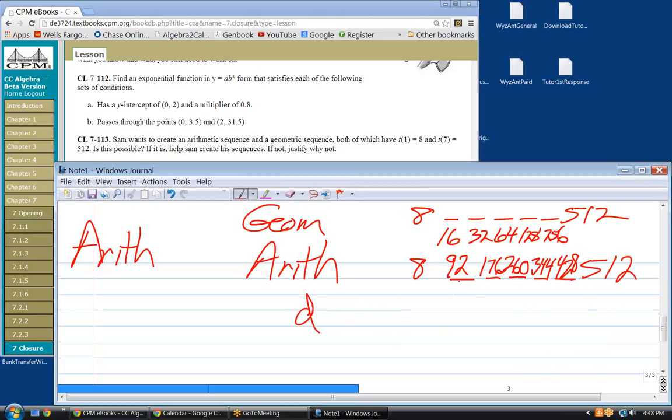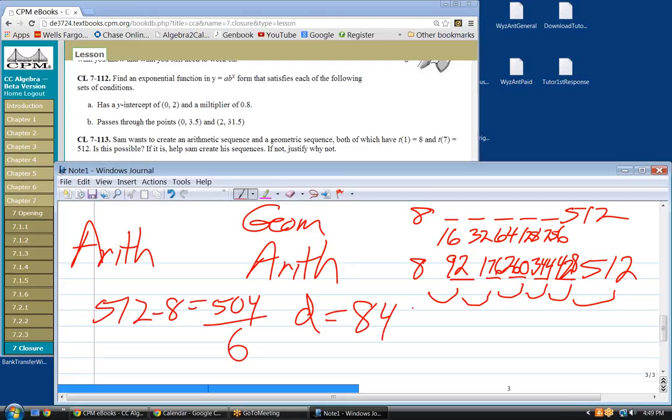Well, how many do I have to have between 8 and 512? Well, I got to have one. Hold on, I got to have 1, 2, 3, 4, 5, 6. So there are 6 common differences between 512 and 8. So that's why I took 512 minus 8 to get 504, and I divided it by 6 to get a common difference of 84.